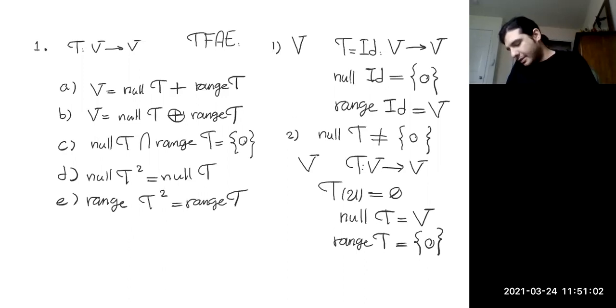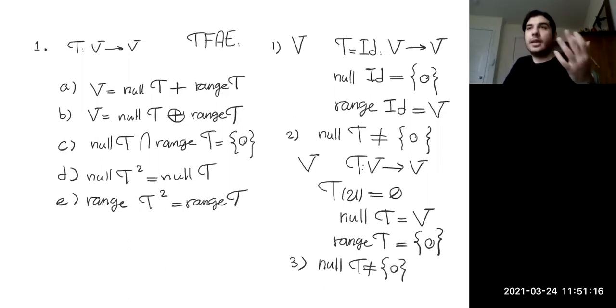Now the third example, of course, we want to make it more non-trivial. As you can guess, now we would like to find a map T whose kernel is non-zero, so it has a non-trivial kernel. Also, the range is non-zero.